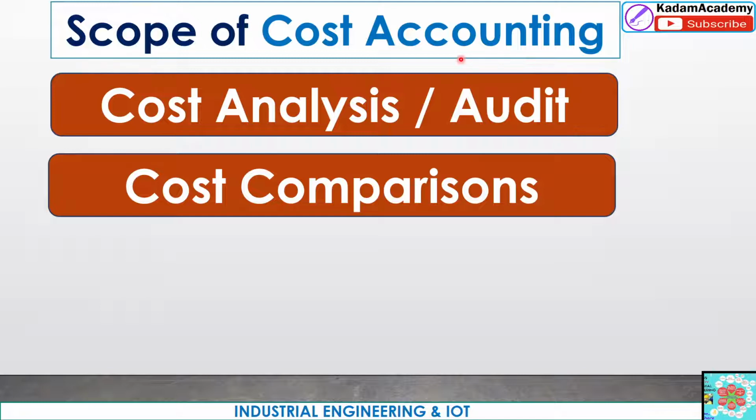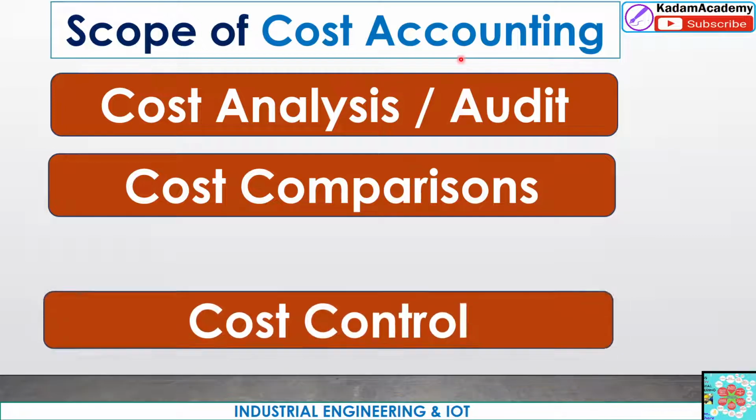For that period, suppose quarterly, half yearly or annually, what was the last quarter's cost and what is the cost now, and predetermined cost and actual cost, that also we can compare under this cost comparison. These are the scope of cost accounting.